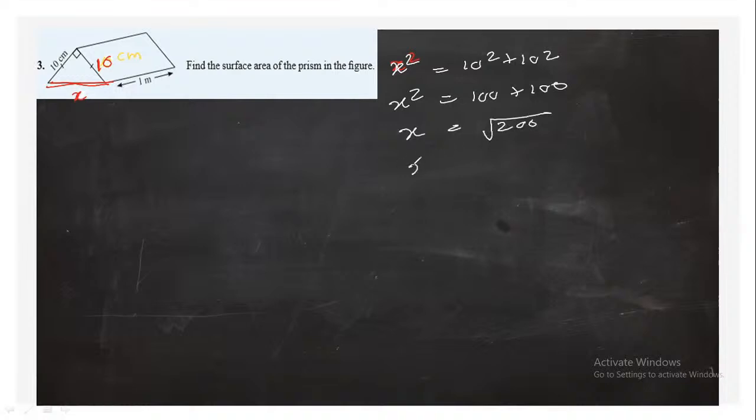Square root of 200 means, by using the surd, we can get the value: 100 into 2, that is 10 into square root of 2. Get the square root of 2.